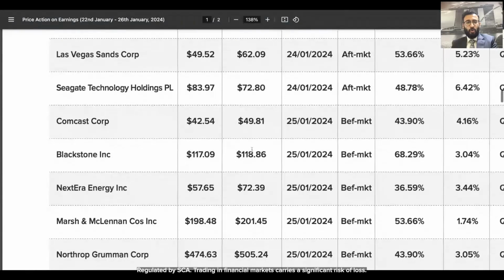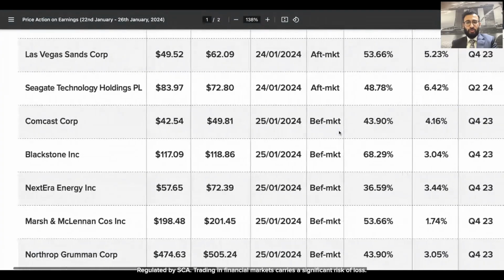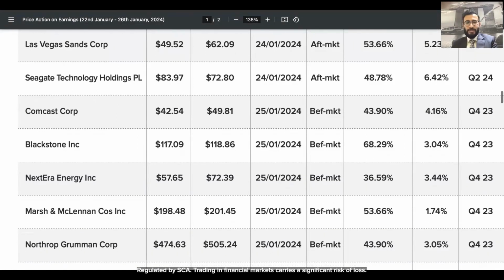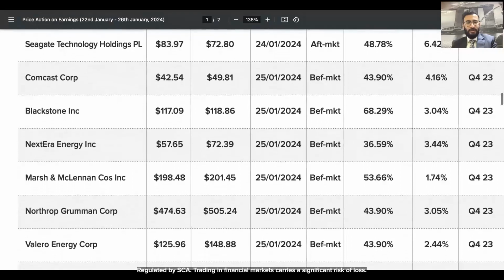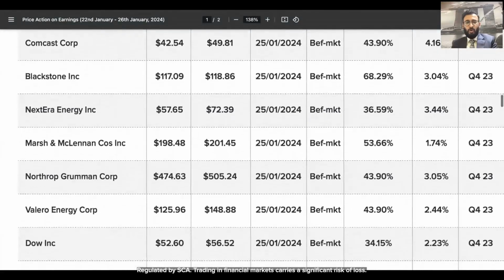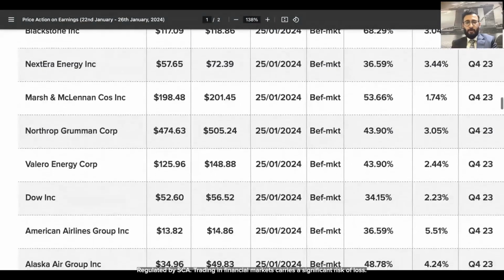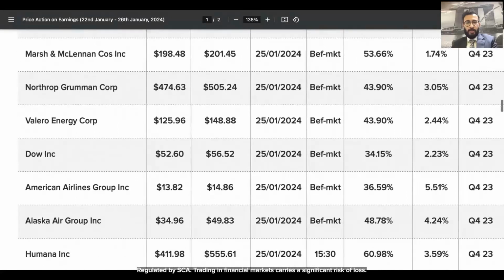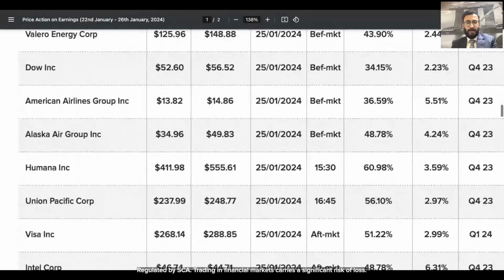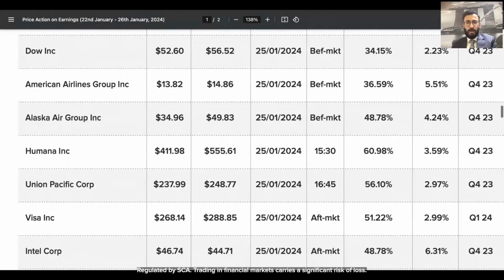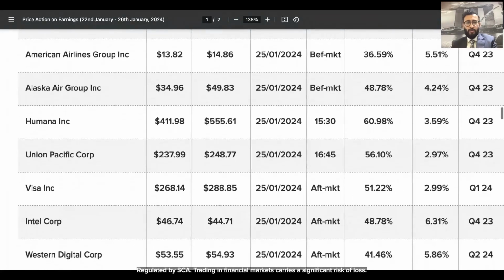Before market, Comcast has already shown their earnings. Blackstone, NextEra Energy, Marsh and McLennan, Northrop Grumman, Valero Energy Corp, Dow Inc., American Airlines, Alaska Air, they have already shown before market, followed by Humana, Union Pacific.